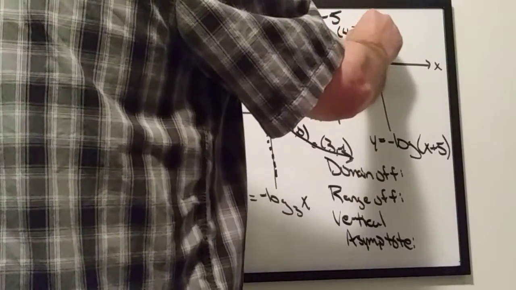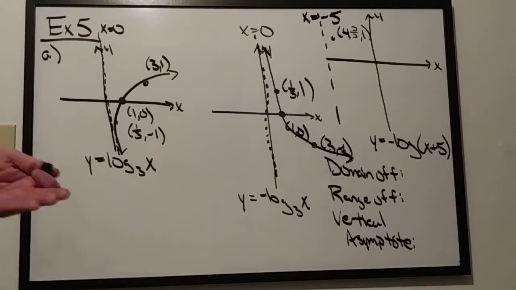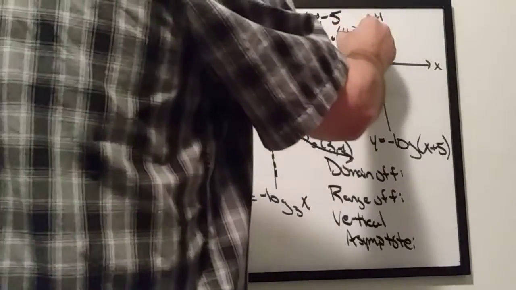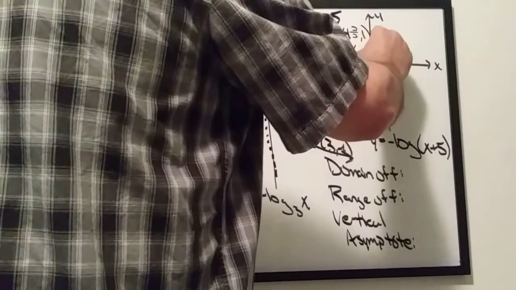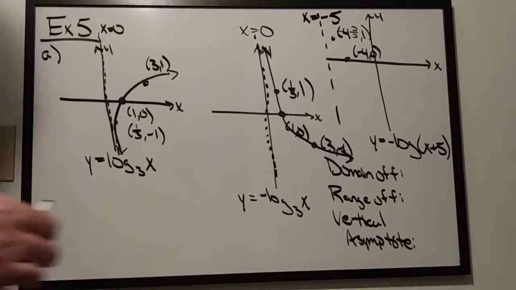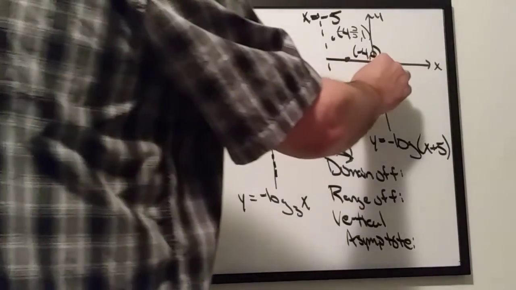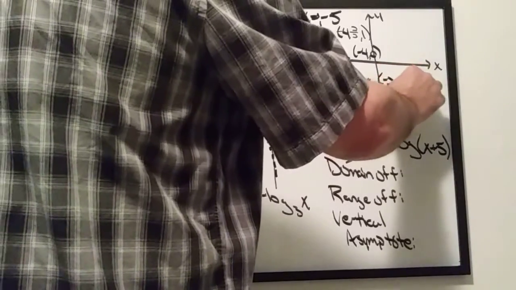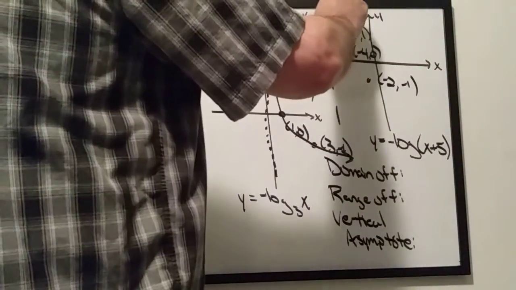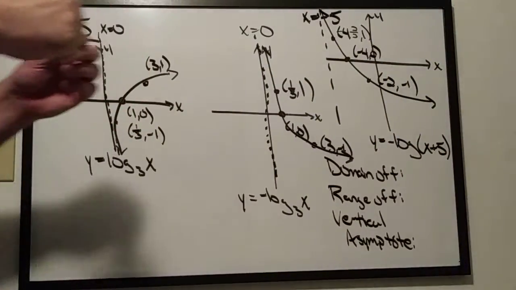The point (1, 0), subtract 5 from that x-coordinate, we're going to be over at (negative 4, 0). And then finally (3, negative 1), subtract 5 from that x-coordinate, we're going to be at (negative 2, negative 1). So (negative 2, negative 1). And then when we connect those dots, we have our new and improved function.